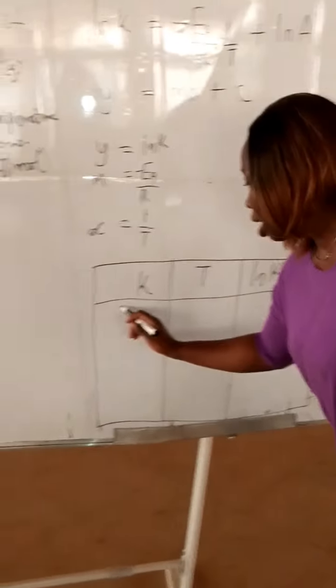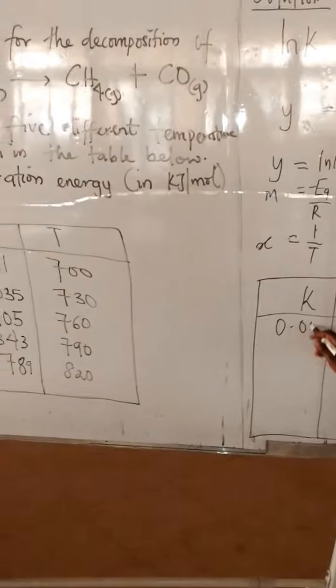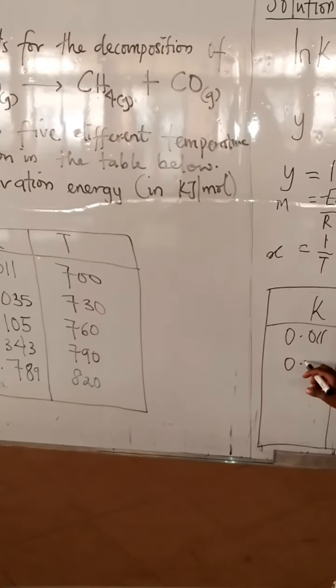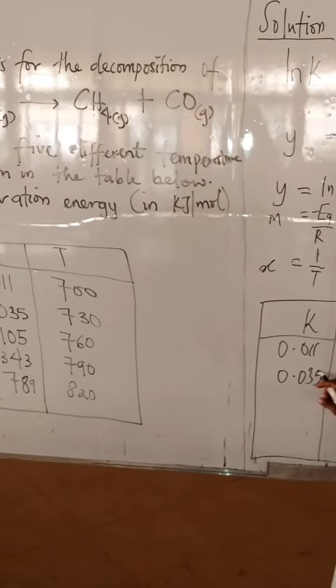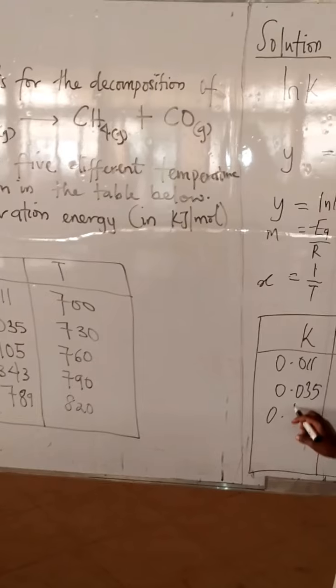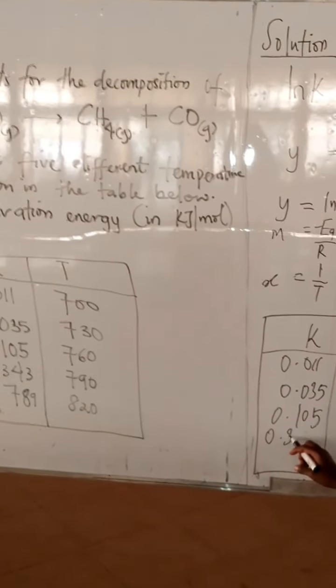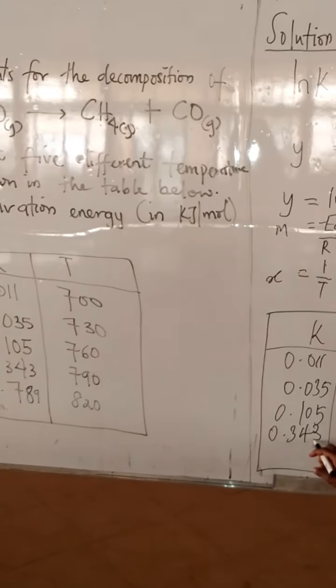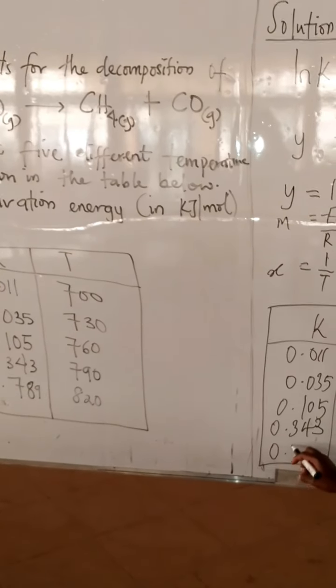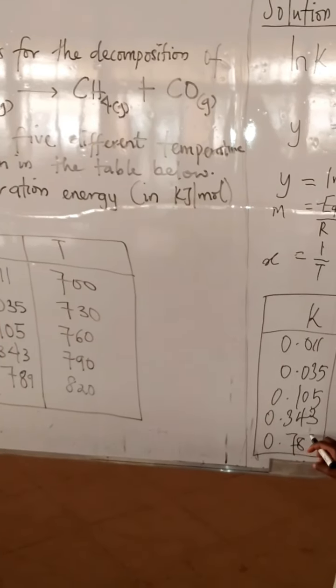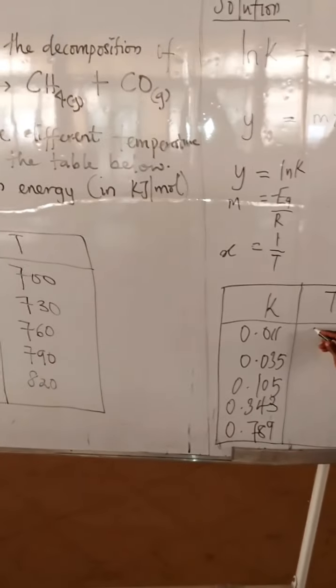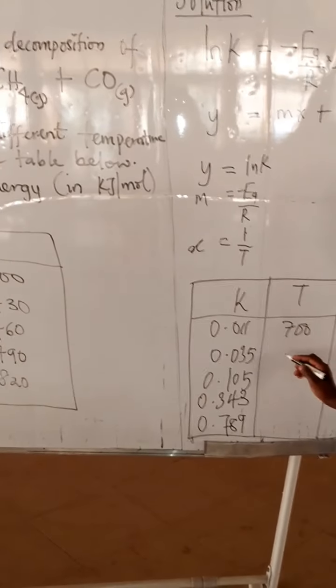What is k? k is 0.011, 0.035, 0.105, 0.343, 0.789 with their corresponding temperature.